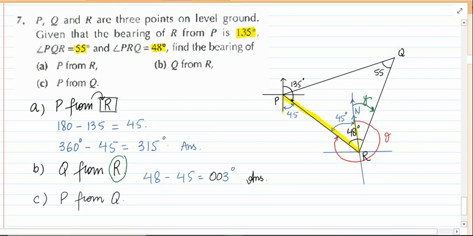Now the first step, like always, you need to highlight the unknown angle. P from Q. First thing, you need to plot the north of Q. So I made a scale on Q, right?